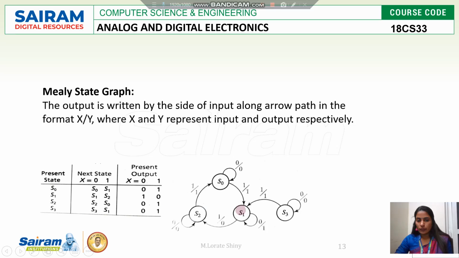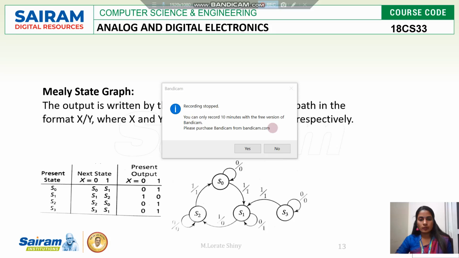All four states are mentioned here. In a Mealy circuit, the output is written beside the input along the arrow path in the format x/y, where x is the input and y represents the output. Inside the circle you mention only the state.